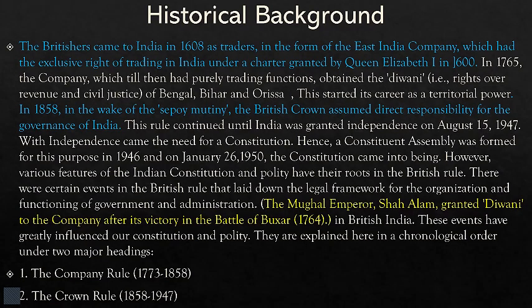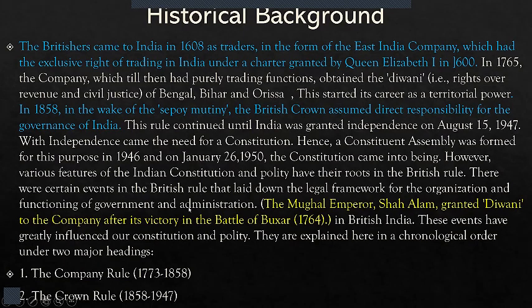Okay, so next, there were certain events in the British rule that laid the legal frameworks for the organization and functioning of the government and administration in British India. We have the UPSC commissions, the presidential and a lot of governor posts and everything. These posts were part of the functioning of government and administration, created by the British in India.